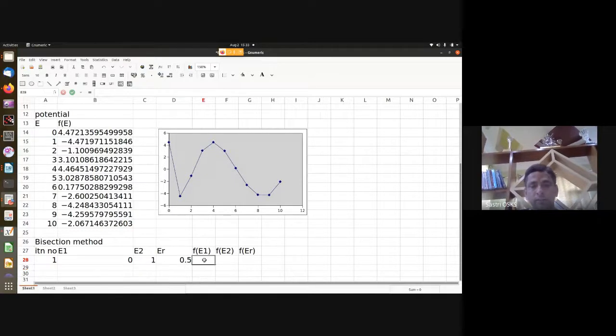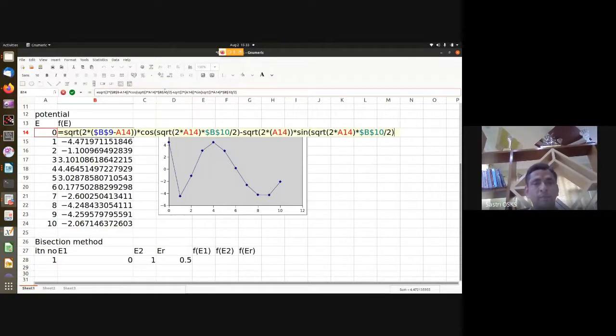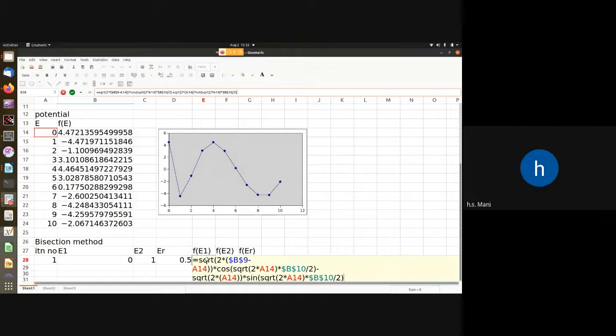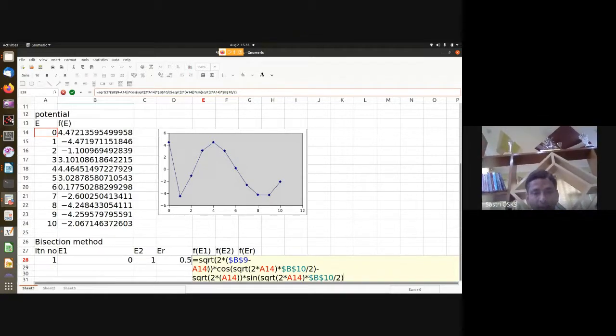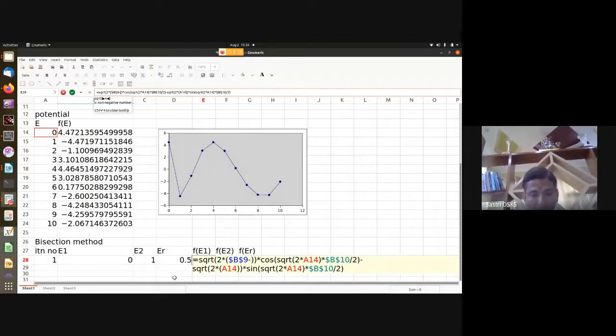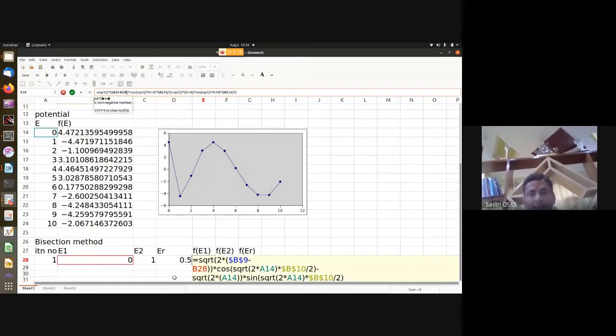Now for the function here, what we can do is we can copy this value, Control C, and then go here and Control V. Okay, now when you do this Control C and Control V, this A14 will have to change, right? The A14 will become now equal to B28. Yeah, I picked up correctly.